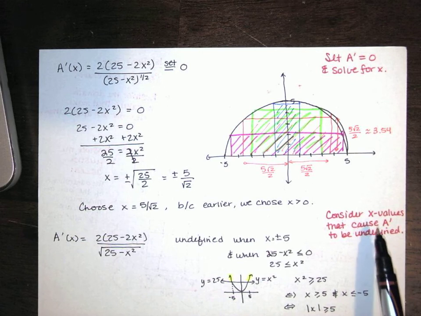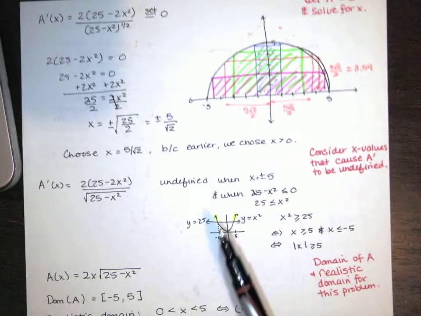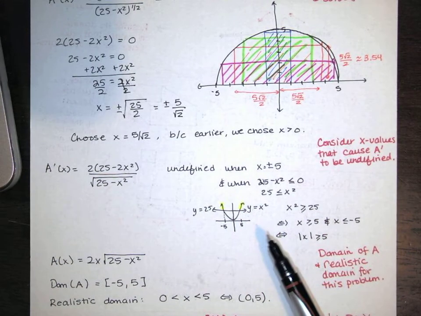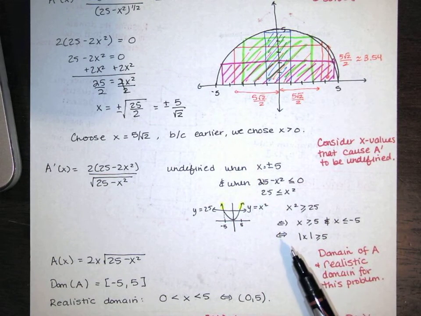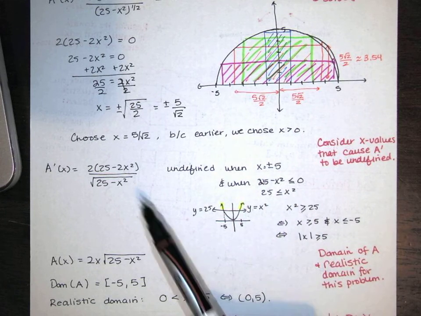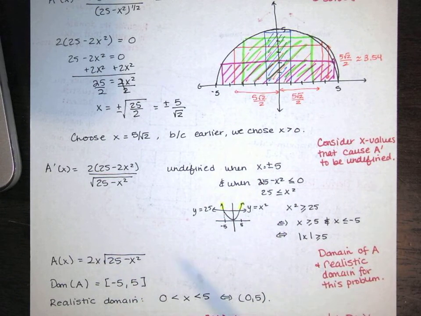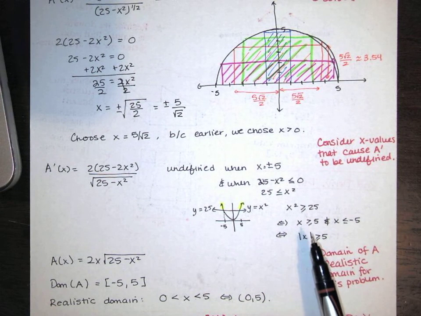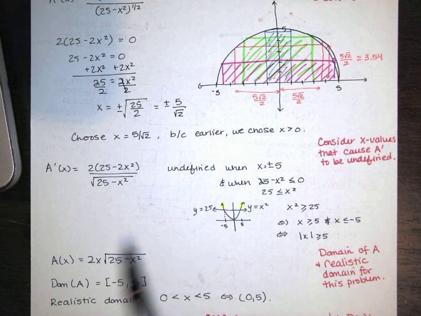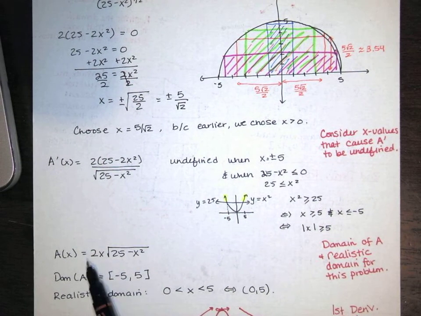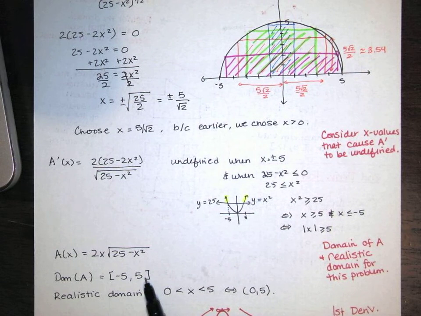Then I thought about the places where A prime was undefined, and it was good practice for us in thinking through when this function is undefined. But it just so happened to tell us nothing new. It said A prime is undefined when we're basically outside of the domain of this function, except for at the endpoints of that function. So the domain of this function was -5 to 5.